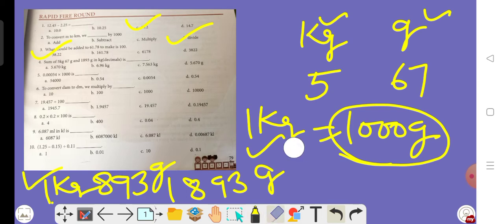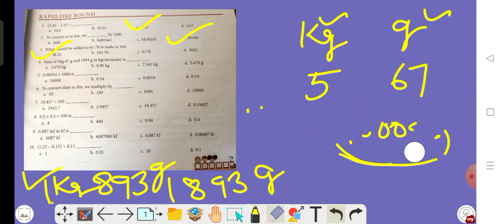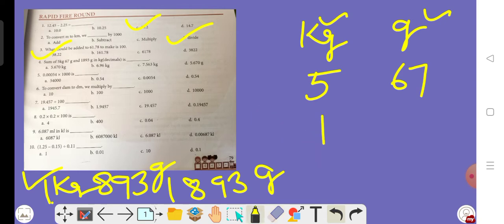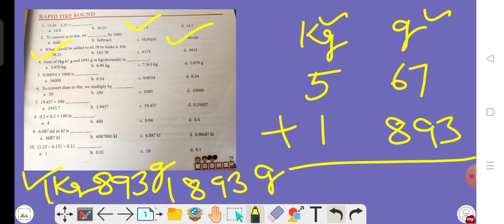So in place of 1000 we write 1 kg. Okay. So the addition is equal to 893 gram. To add this we put here 0. 0 plus 3, 3. 7 plus 9, 16. 1 is carry and 8 and 7 is 15. 1 is again carry. So 5 plus 2 is 7.